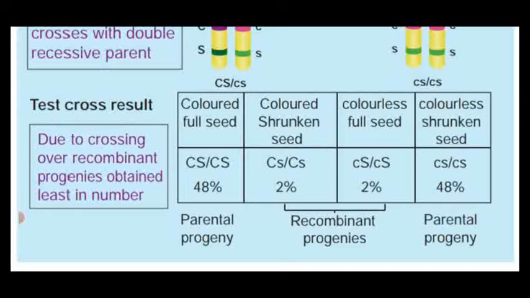The remaining 4% shows the newly formed recombinant progenies or gametes, which proves that if the alleles are possible to separate apart, they are segregated and also separated.